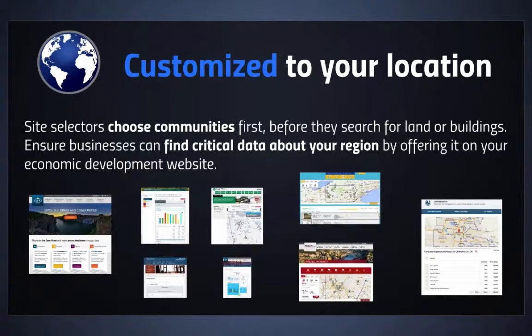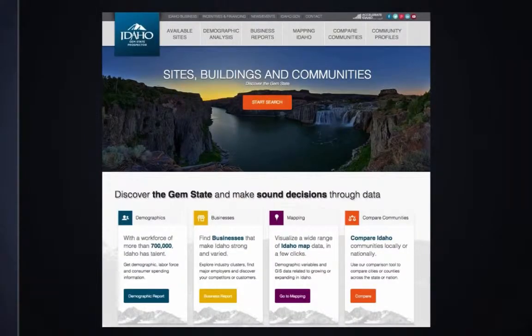There's so many things that go into that decision about a community. And then they can look for the lands or buildings, because after all, there's warehouses and sites and properties everywhere, really. So we want to make sure that people can find critical data about your region specifically by putting it on your EDO website. So that means really designing the website to provide that in easy to find and easy to digest ways.